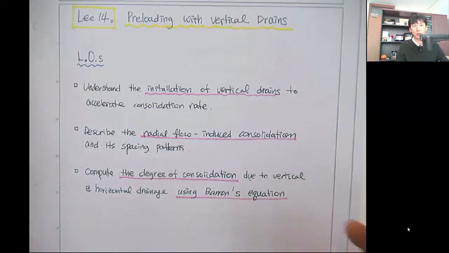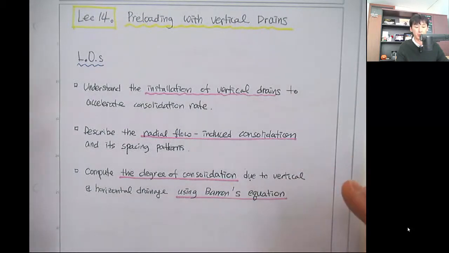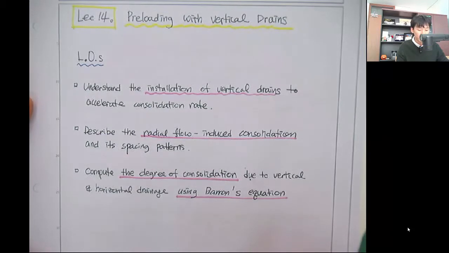If T2 is too long, it's going to cost a lot of money and also resources. So you want to minimize T2, the time that you have to wait until the settlement occurs to the amount that you desire. The vertical drains shorten that waiting time for the settlement to occur.